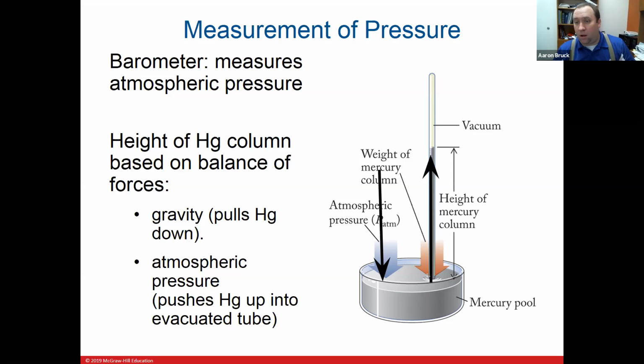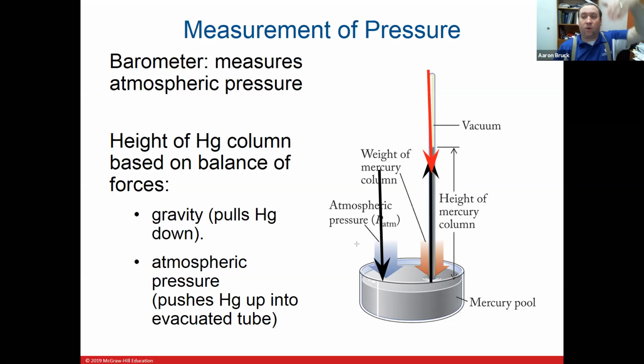Now, contradicting that particular force, we've got gravity. Gravity is pulling everything down toward the center of the earth. And so gravity is pushing down on that mercury column while the atmospheric pressure is pushing it up.